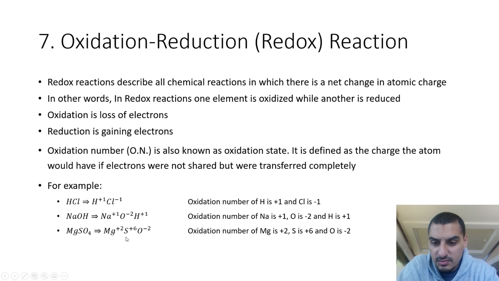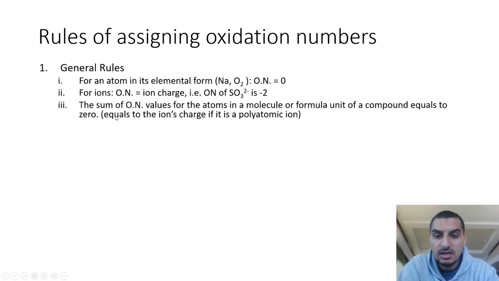So I have magnesium +2, sulfur +6, and oxygen is -2. We have 4 oxygen atoms, so we have 4 multiplied by -2 equals -8, and then +2 +6 -8 equals 0. So this is what we mean here, that the sum of the oxidation number values of the atoms in a molecule or a formula unit of a compound equals 0.